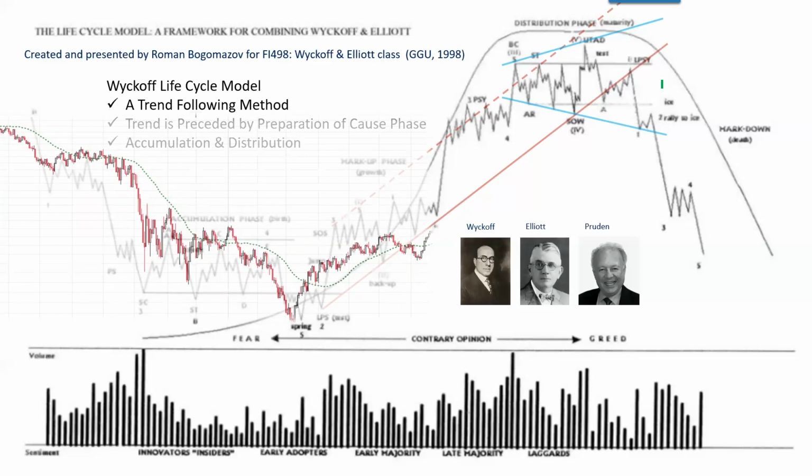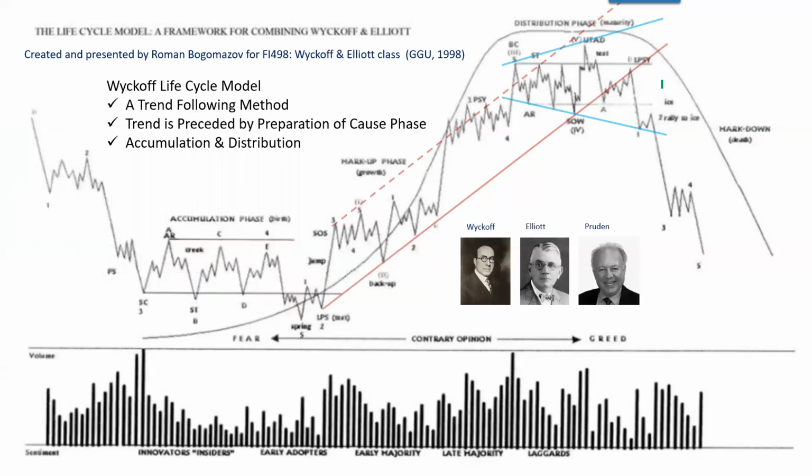Good job, Roman. He absolutely, 10 years prior, had developed a schematic that followed very closely what happened in the accumulation area of 2009-10. And you could put the S&P 500 over this, and it would look very, very similar to this. So you can see the schematic at work.